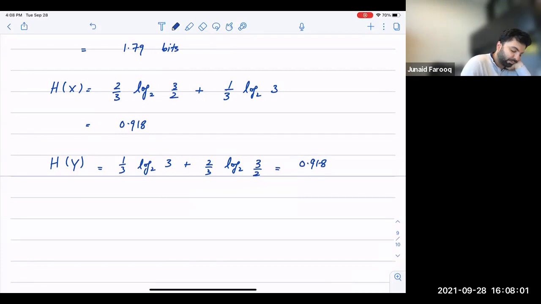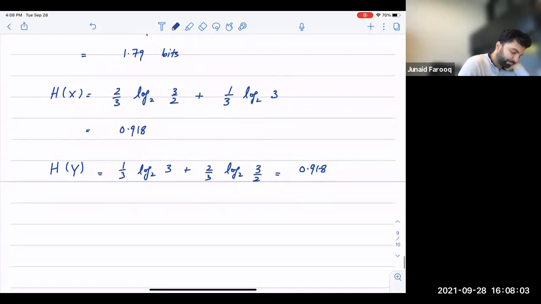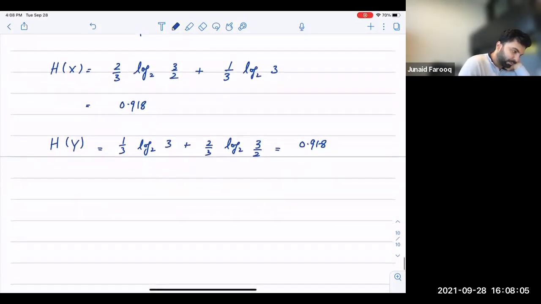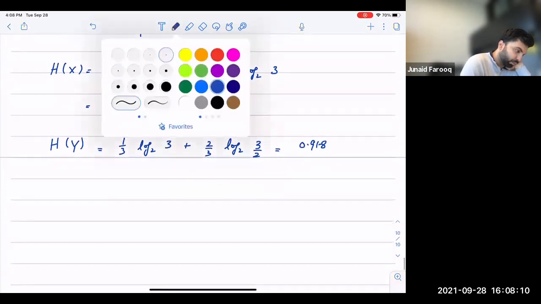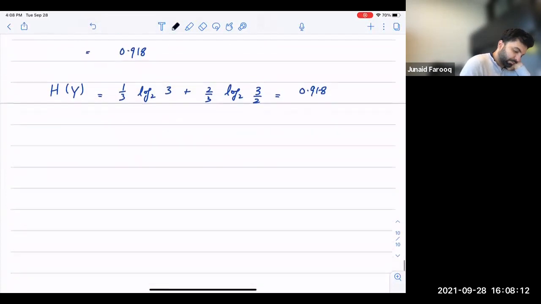So if you look closely, what you'll notice here is that H of X, Y is actually bigger than H of X, right?